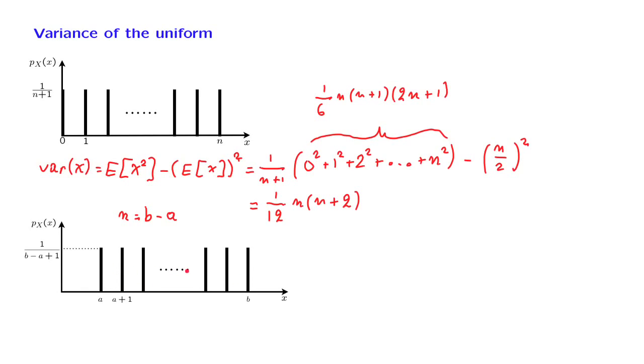So this shifted PMF is the PMF associated to a random variable equal to the original random variable plus a constant. But we know that adding a constant does not change the variance. Therefore, the variance of this PMF is going to be the same as the variance of the original PMF, as long as we make the correspondence that n is equal to b minus a. So doing this substitution in the formula that we derived earlier, we obtain 1 over 12 times (b minus a) times (b minus a plus 2).